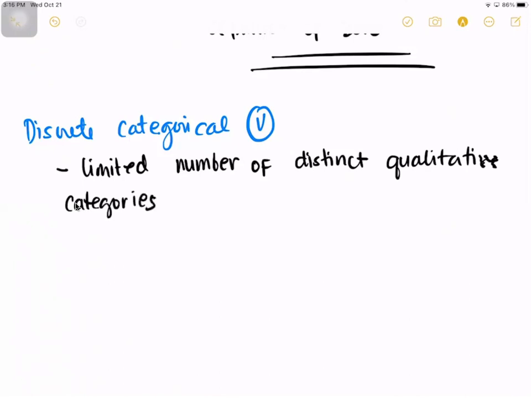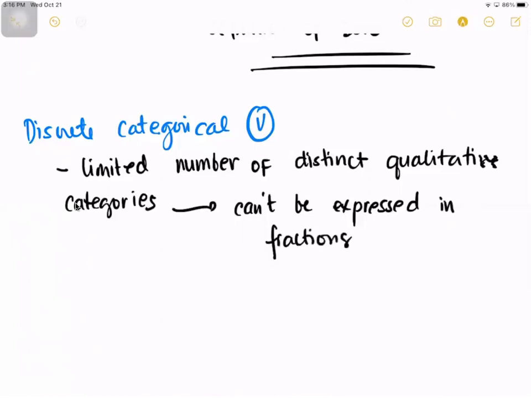And these categorical variables, especially assuming the qualitative nature of this variable, can't be expressed in fractions. Of course, you cannot express any non-numerical variable in fractions.